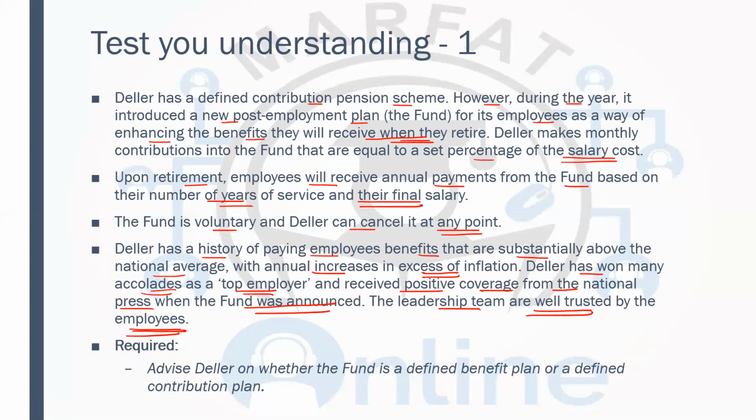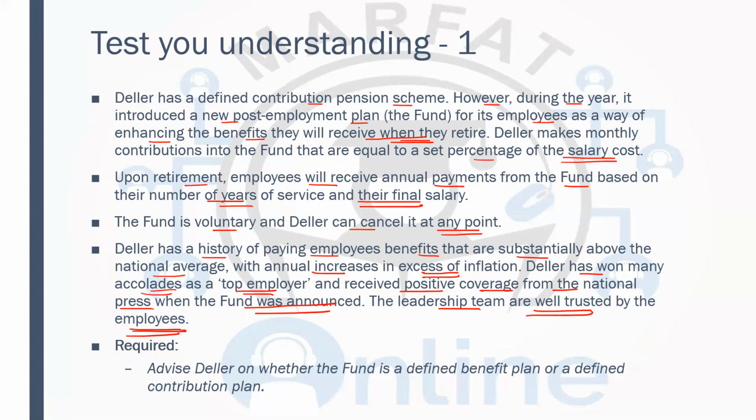So there is a pension scheme. However, during the year, it introduced a new post-employment plan. Already they have a defined pension contribution, but they have introduced a post-employment plan for employees as a way of enhancing the benefits they will receive when they retire.